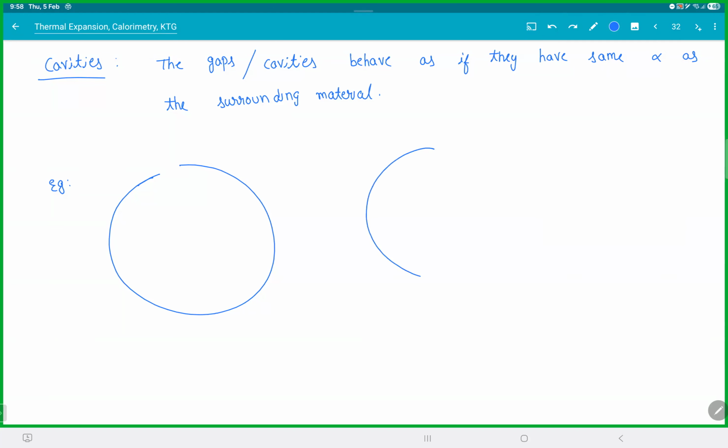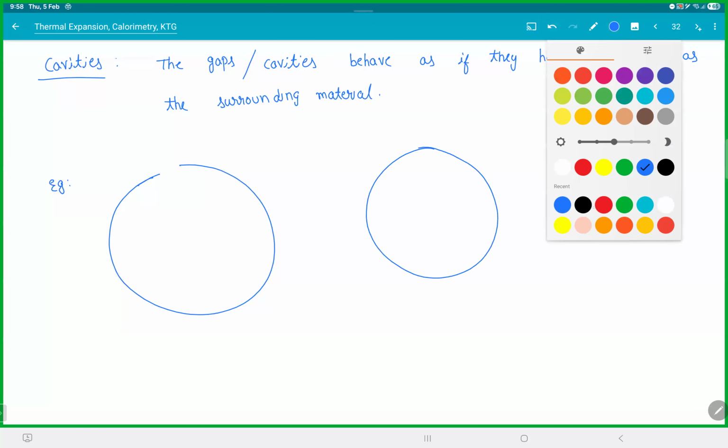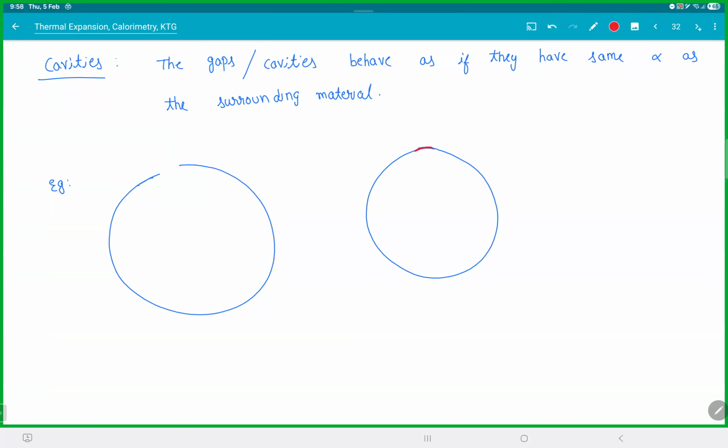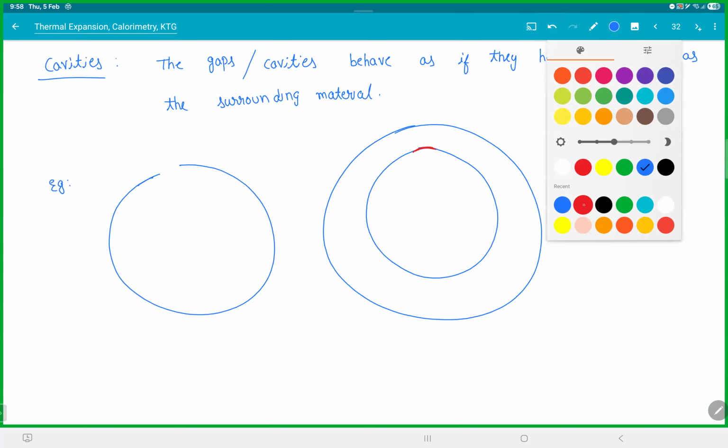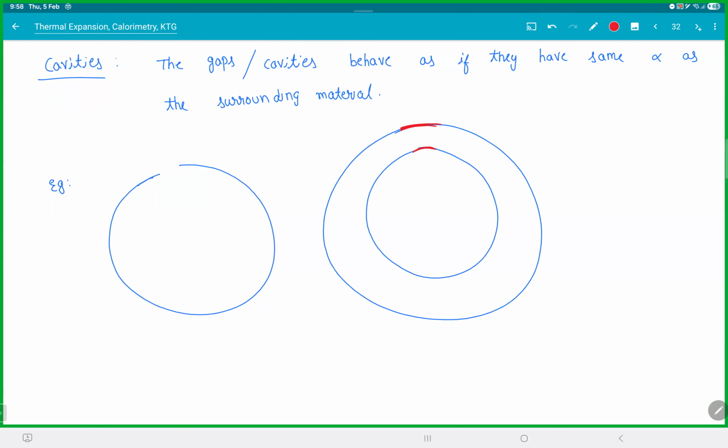Imagine you have a full ring. You take a marker and you paint this part with some red color. Now, if you heat it, the ring will become bigger. What do you think will happen to the red color marker? Won't that also become bigger? Is that making sense? So now if I remove the red color part, isn't the gap bigger?